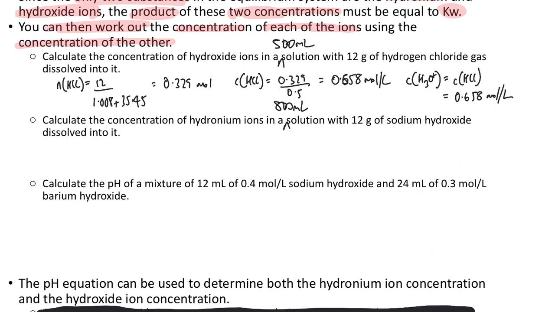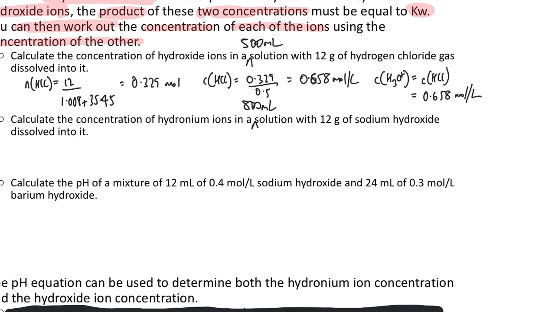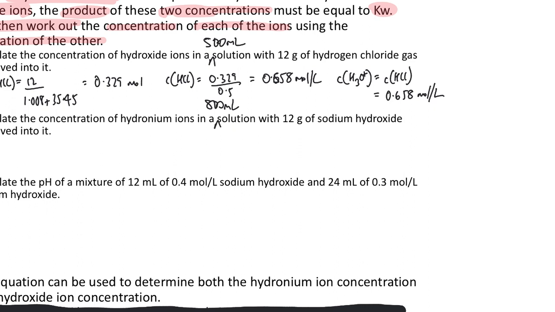Then you do the last bit. The concentration of the hydroxide ions is equal to 1 times 10 to the negative 14, which is the Kw value, over the concentration of the hydronium ions. Why is that?